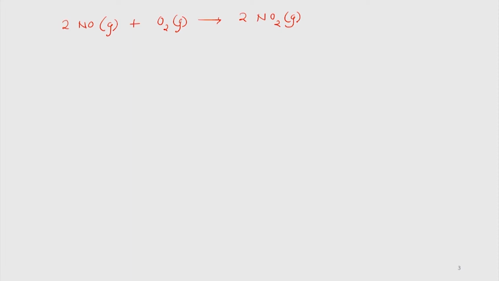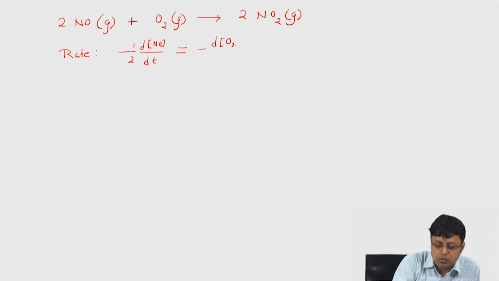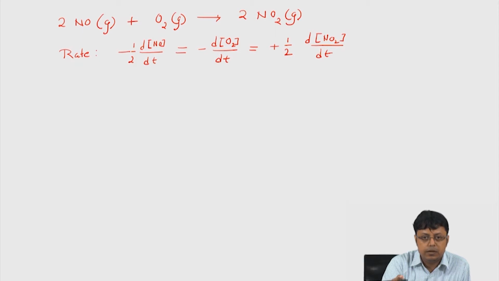The velocity of the reaction in terms of nitric oxide will be minus half dNO dt. In terms of oxygen, it will be minus 1 by 1 dO2 by dt, and this will be plus half dNO2 by dt. So, this is the expression for the rate.